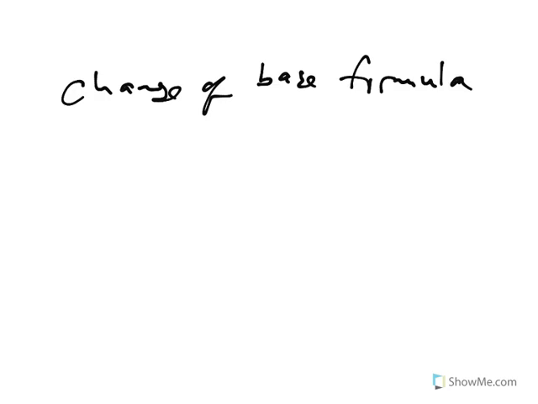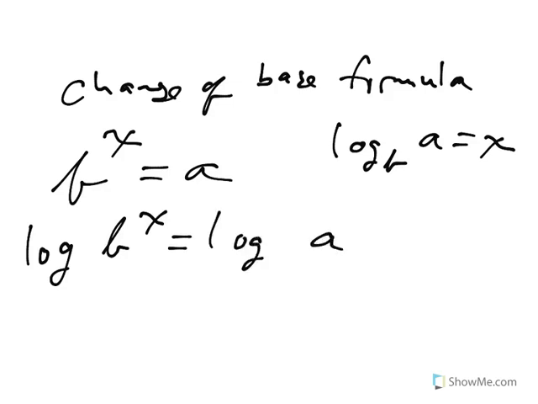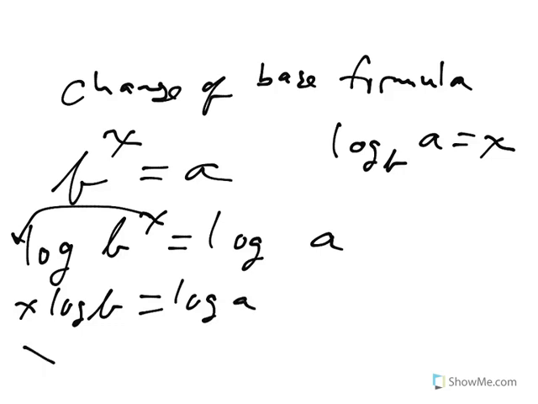There is something called the change of base formula. It goes like this. If I were trying to solve a question like b to the x equals a, in other words, log base b of a is equal to x, and if I did it the long way by taking the log of both sides, the x would come down, x log b equals log a, and x would be log a over log b.